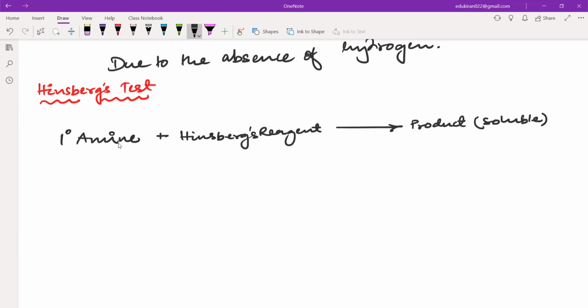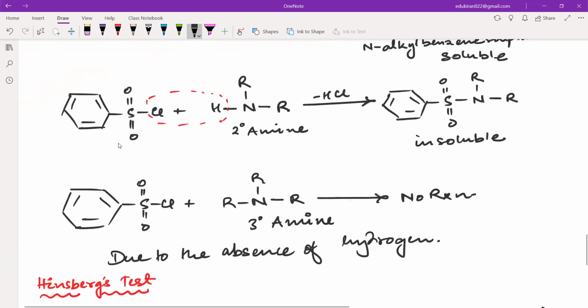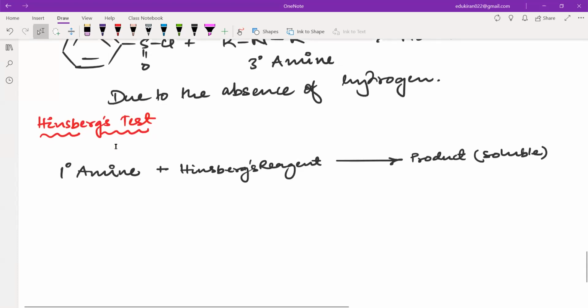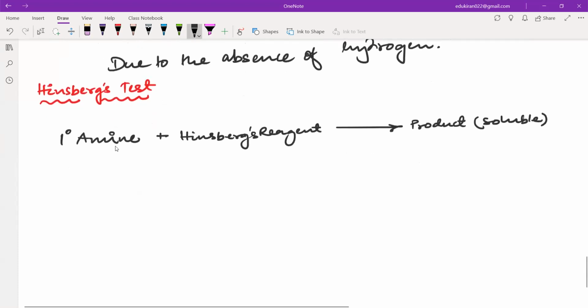Let us suppose you have been given a sample and asked whether it is 1 degree, 2 degree, or 3 degree. You reacted the sample with benzene sulfonyl chloride, and you got a product that is soluble in water. That means you have 1 degree amine.